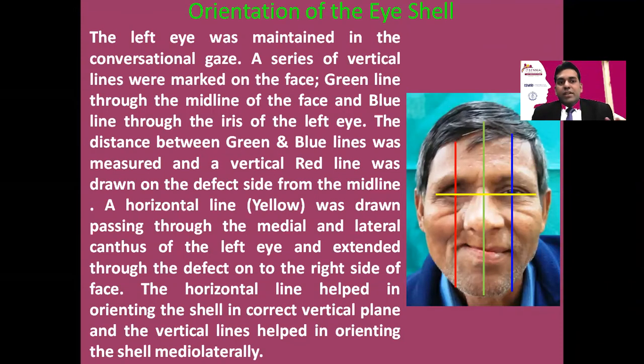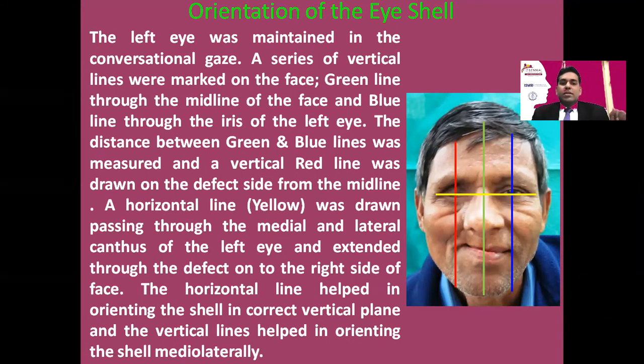A series of vertical lines was marked on the face: a green line through the midline of the face, and a blue line passing through the iris of the left eye. These measurements were transferred to the defect side, and the red line was drawn. It is useful for mediolateral placement of your eye shell.